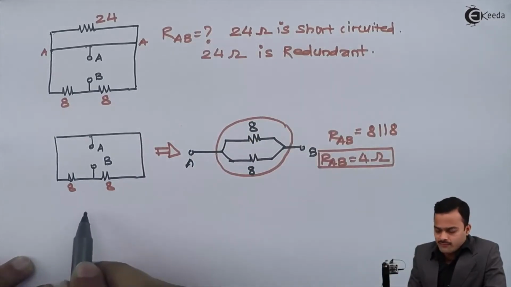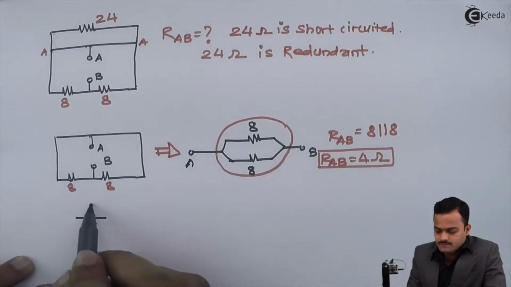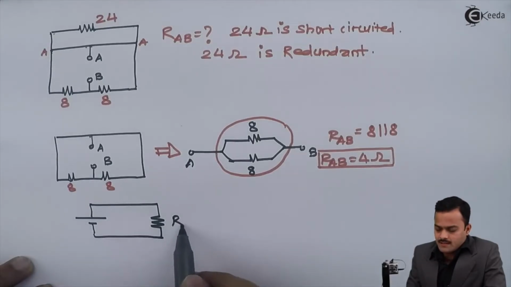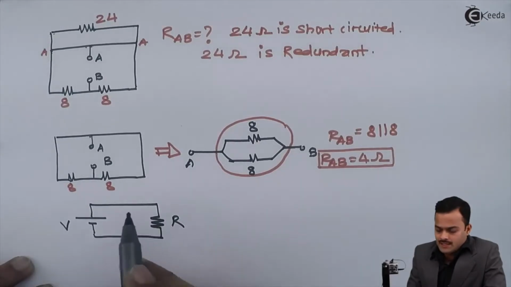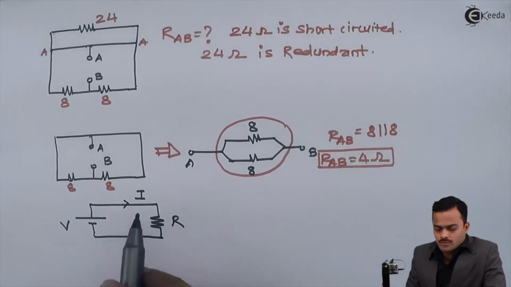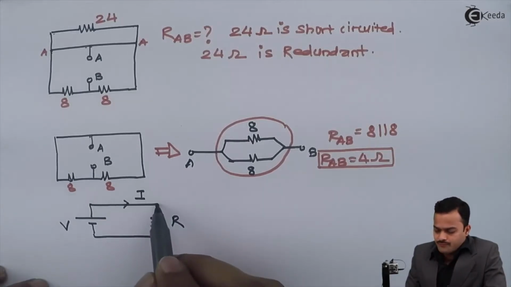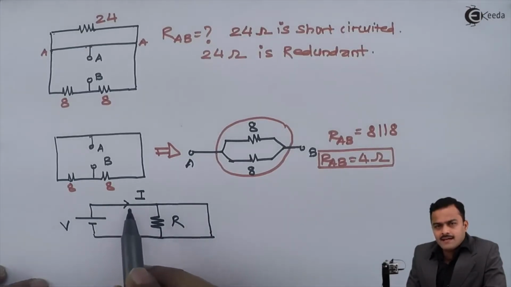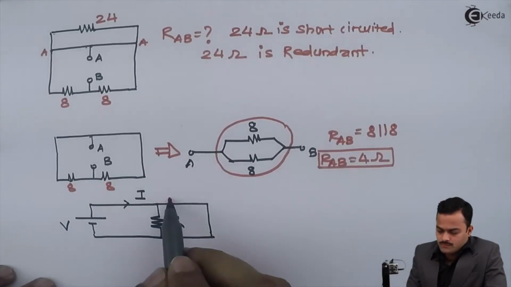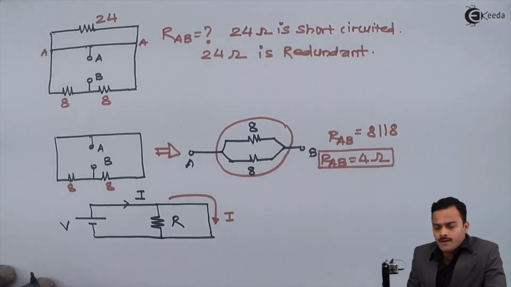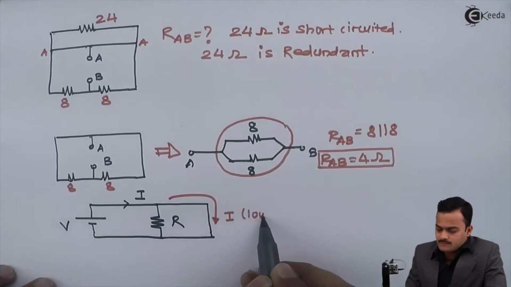Whenever I have a battery and one resistor connected, let's take R, the battery is V, and the current given by the battery, let's take, is I. But if I have a short circuit like this, I can say the entire current will flow through this link or this wire because of the low resistance path.